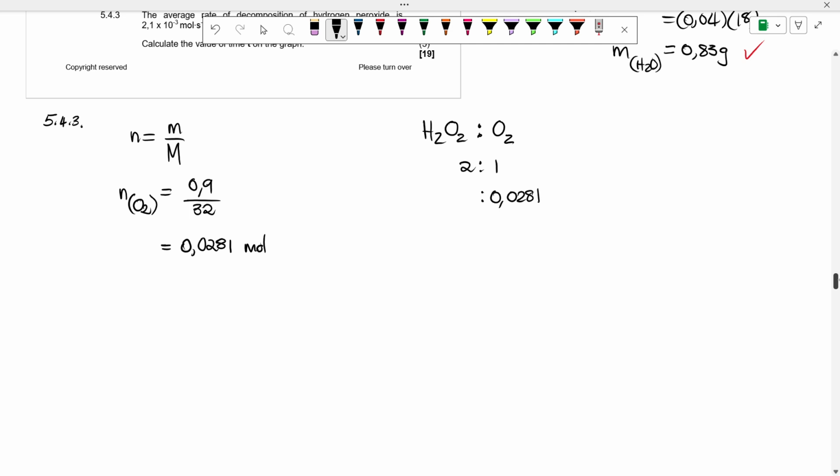So 0.0281, and I can just put an n there, cross multiply this. Then we see that n of hydrogen peroxide is equal to 2 times 0.0281. Then what do we get? 0.056 2, and that's the moles of hydrogen peroxide that is produced.